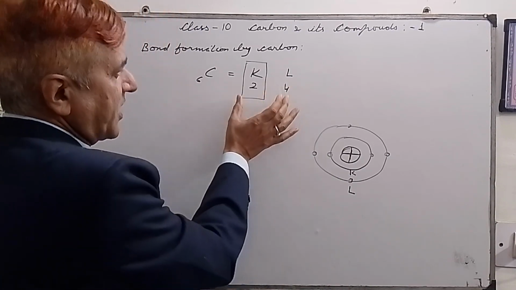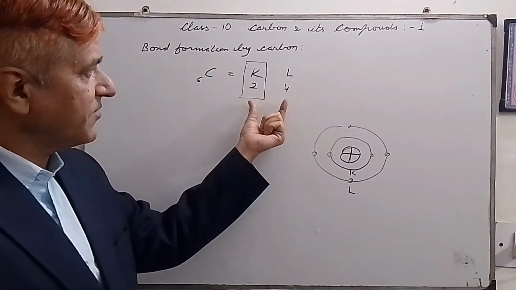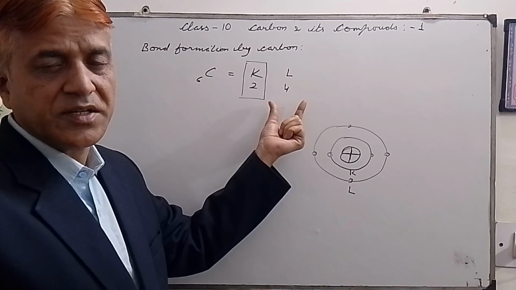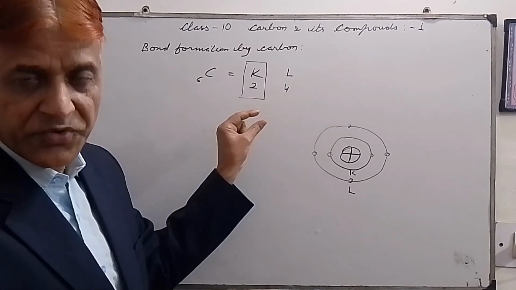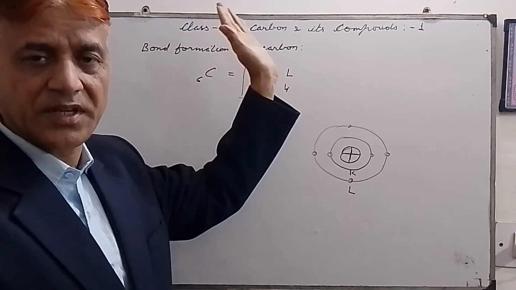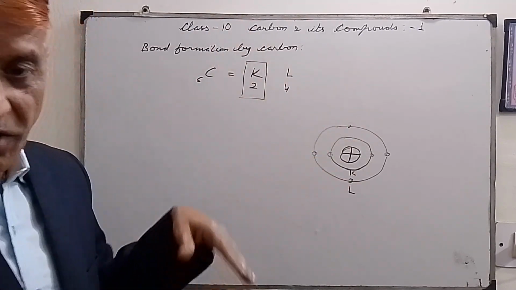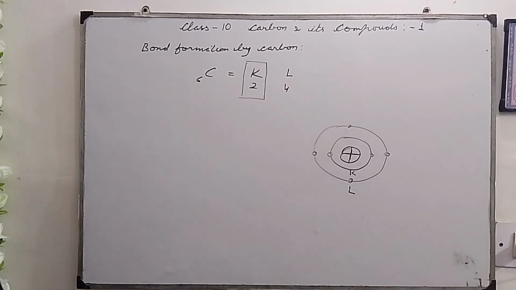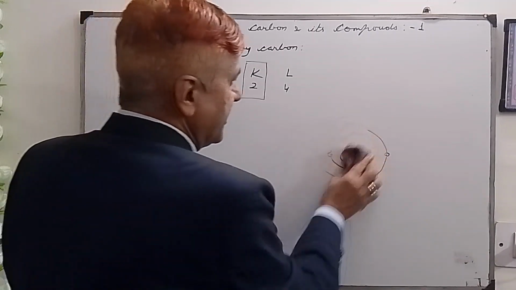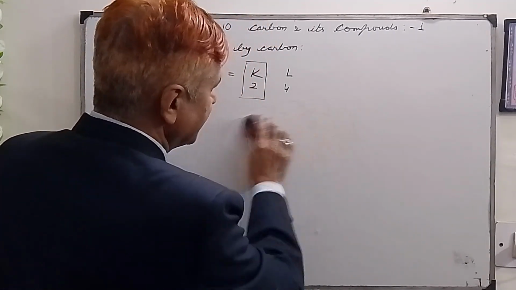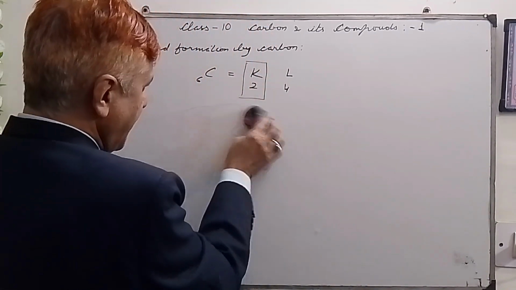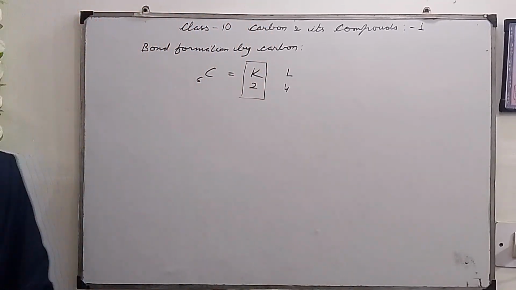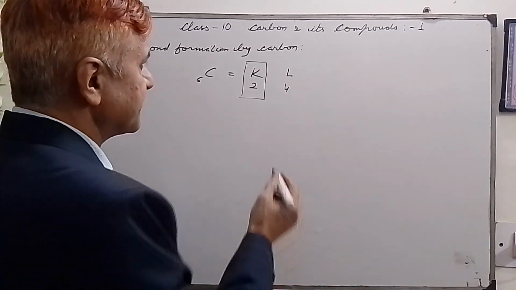Therefore, the carbon atom cannot give 4 electrons. So neither can it take 4 electrons nor can it give 4 electrons. The option left is that it will have a completely filled outermost shell by sharing electrons, so it will have 8 electrons when it shares electrons.